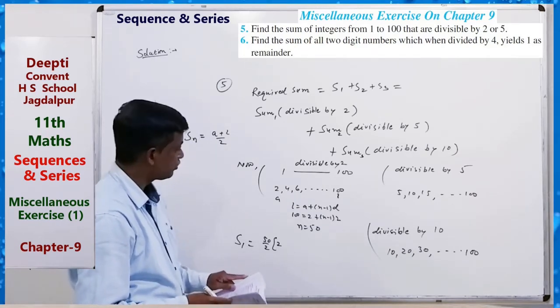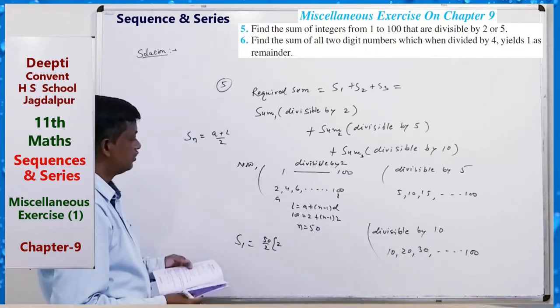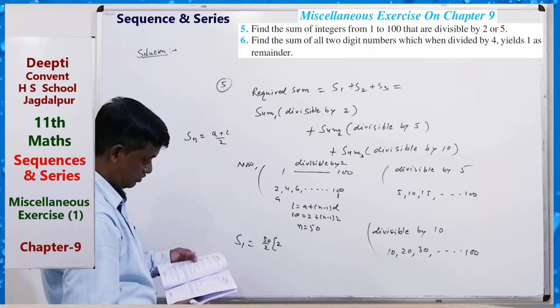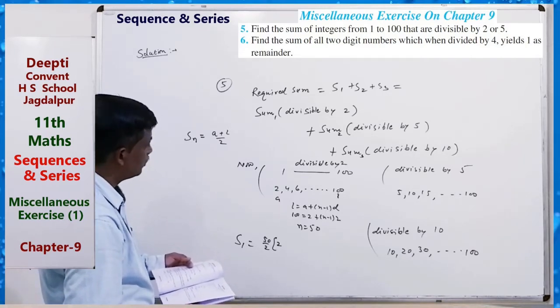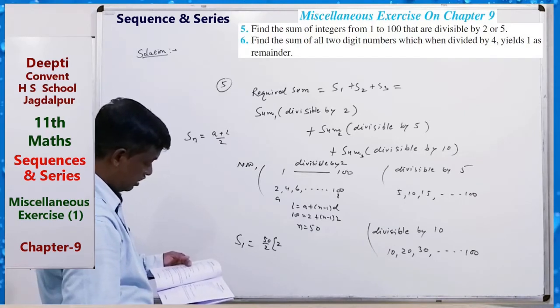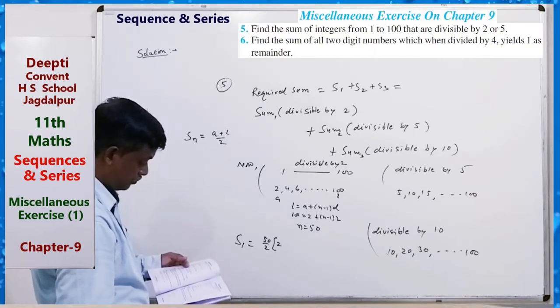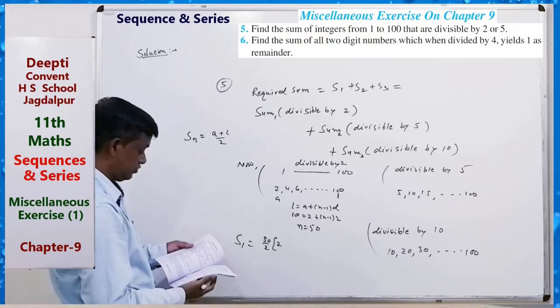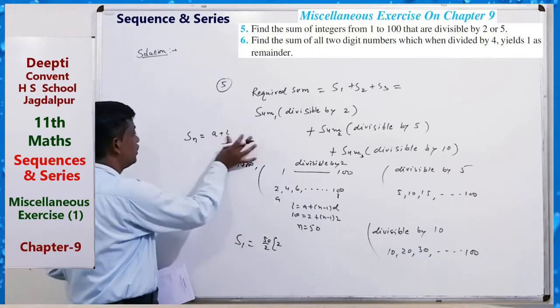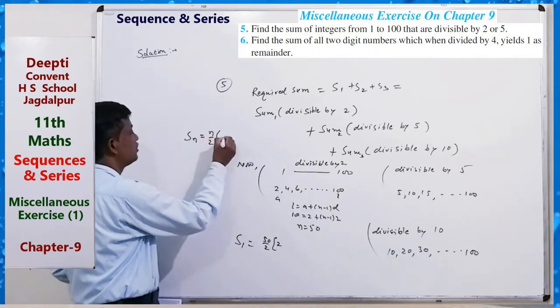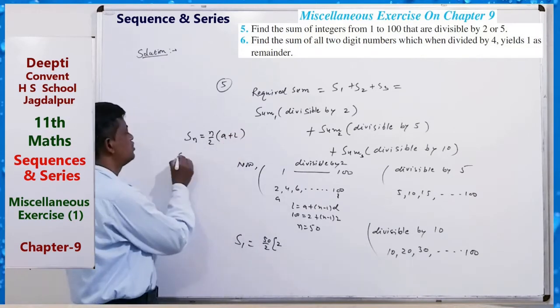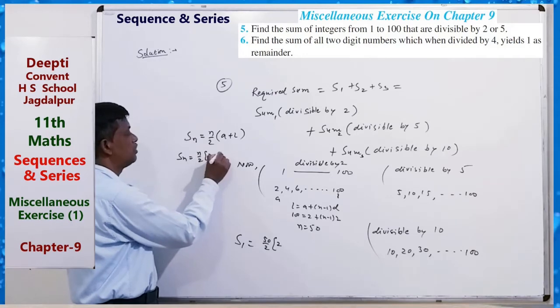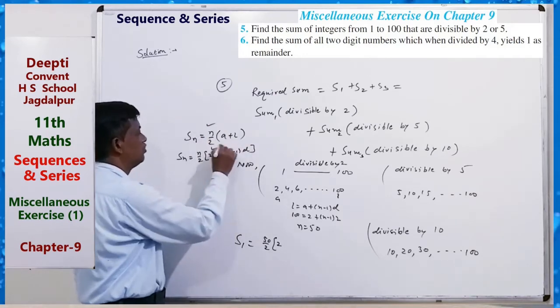What will be the sum? This formula, a plus l, is also used, or you can also use Sn equals n by 2 into 2a plus n minus 1 into d. Any of the formulas works, because the last term is given.